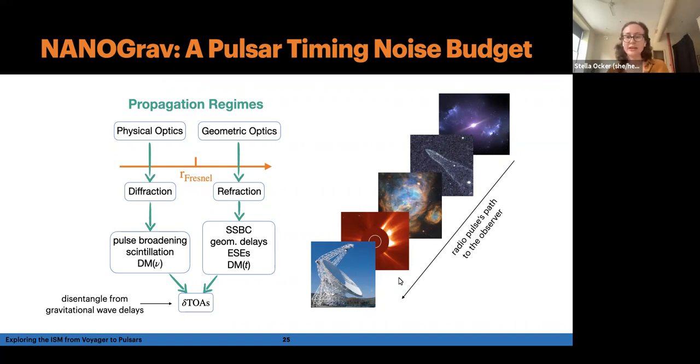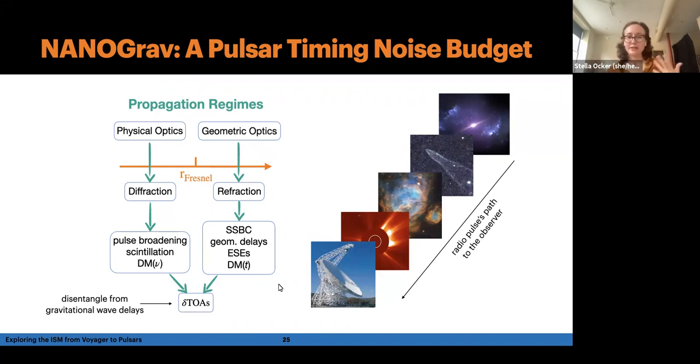And along their journey, the radio pulses experience a number of different propagation effects, which are broadly delineated in this diagram between different diffractive and refractive effects. In particular, pulsars can experience various scattering effects like pulse broadening and scintillation, and extreme scattering events, but also DM variations in time.